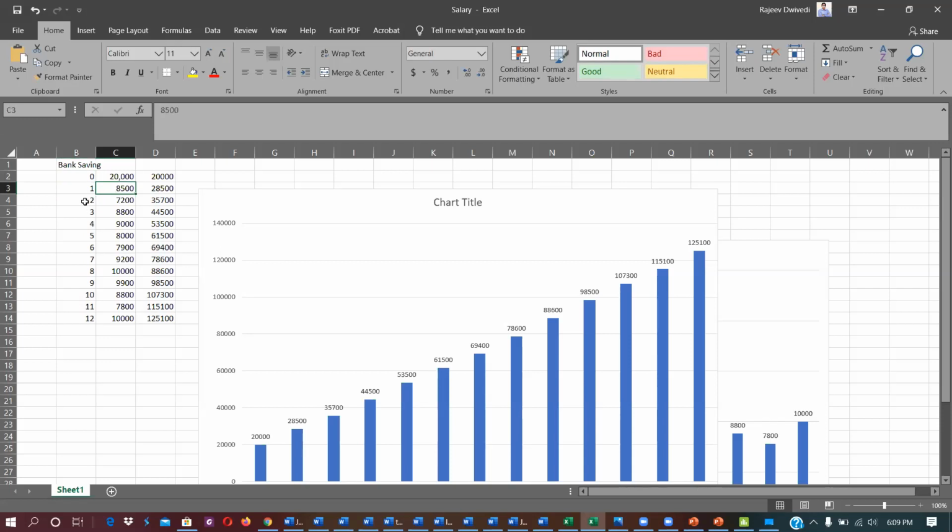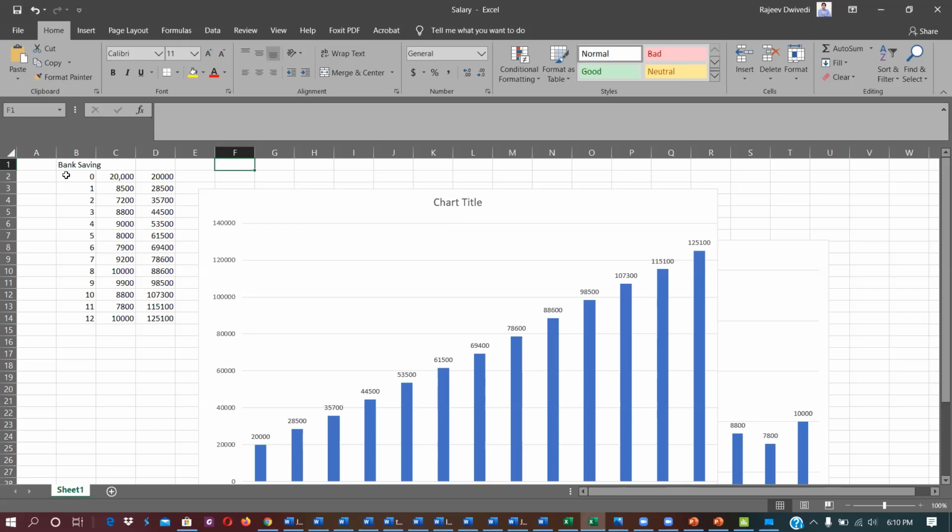The second month I saved this much. Third month this much. 12th month I saved $10,000. So from 0 to 12 months I have this saving. And if I ask what is my saving from month 0 to month 12?